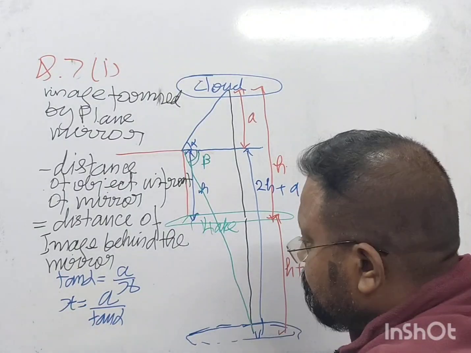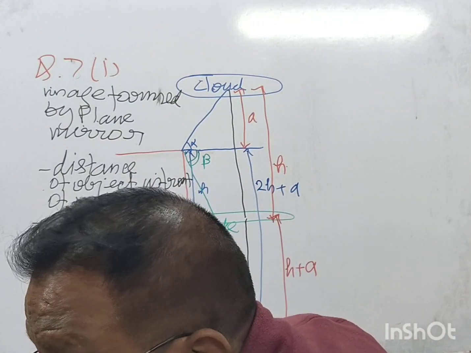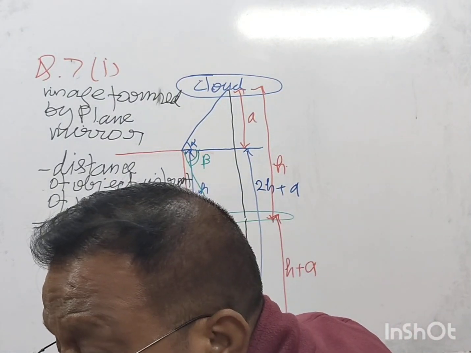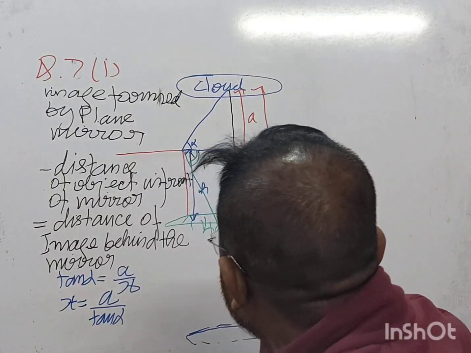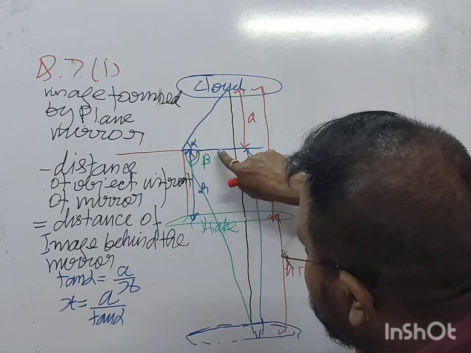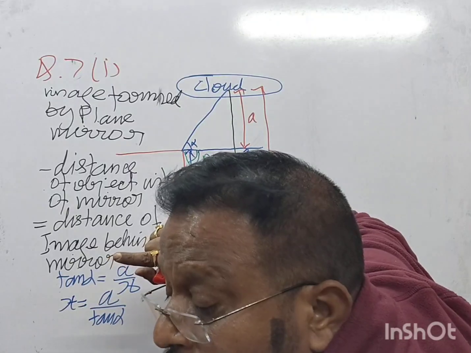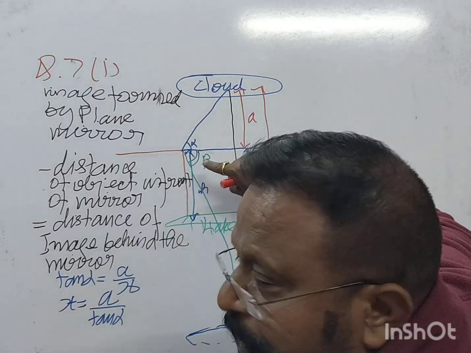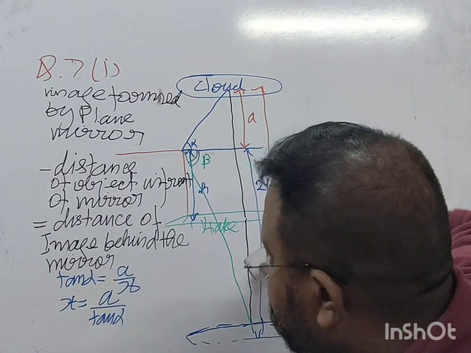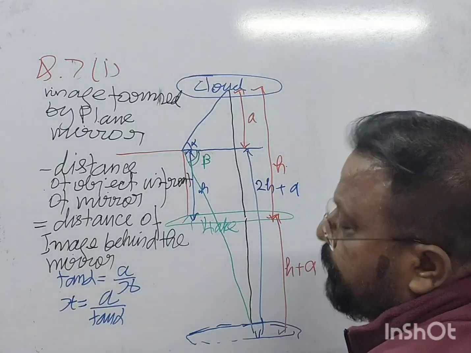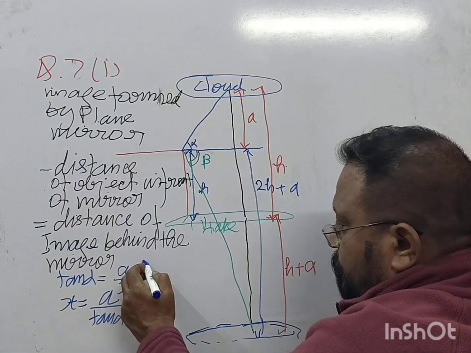What is A? Distance of point from point of observation. So x is equal to A upon tan alpha.